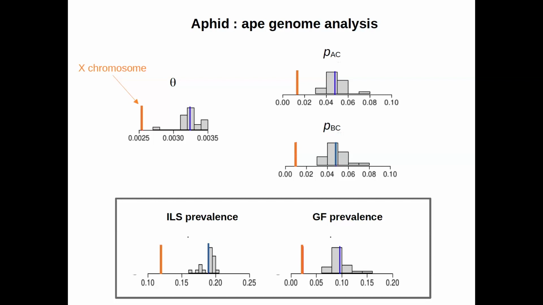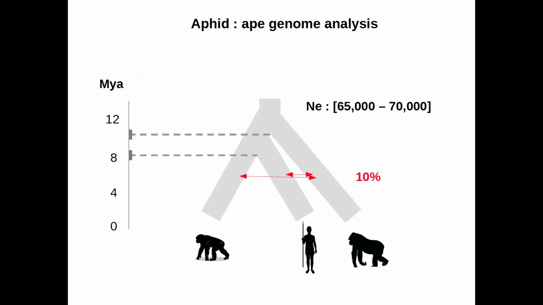So in the next slide, we see the global picture, given by APHID, of the history and demography of apes. The effective population size is estimated to be of the order of 60 or 70,000, which is similar to estimates in current populations from the species.